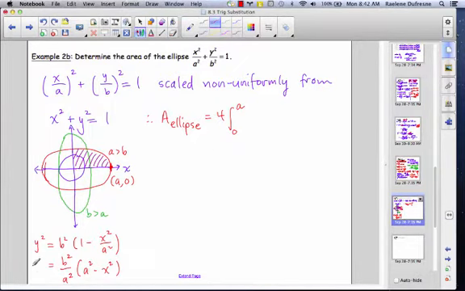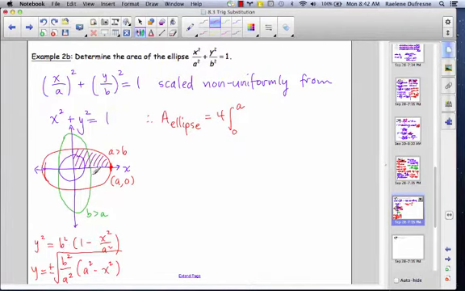And then when we take the square root, we're going to get plus or minus the square root to give us a top half and a bottom half, and we are going to use the top half with the positive square root. We can also take the b squared over a squared outside.